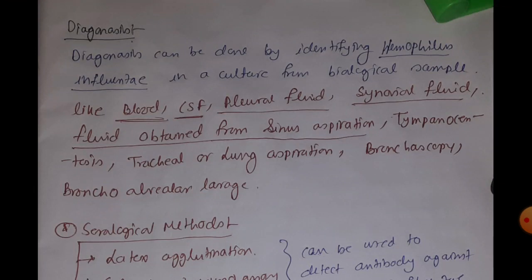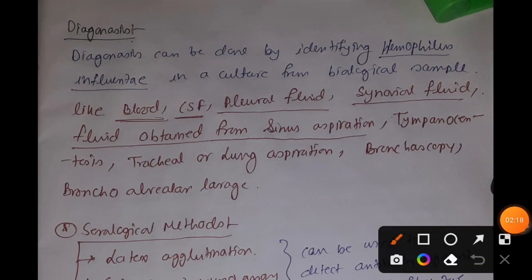That is what tympanocentesis is. Along with bronchoscopy and bronchoalveolar lavage, we are taking a sample from the bronchi, because I have told you that non-typable Haemophilus influenzae can cause bronchopneumonia in people who have suffered from chronic obstructive pulmonary disease, right? So that is the idea.